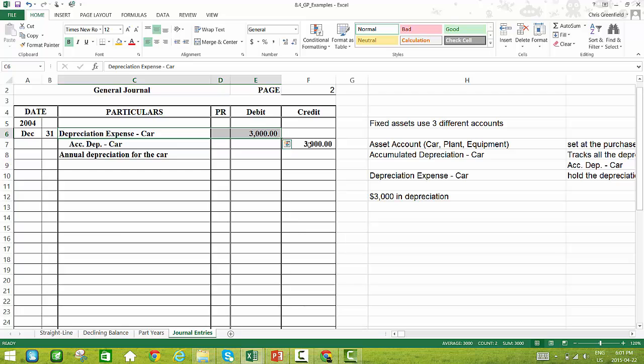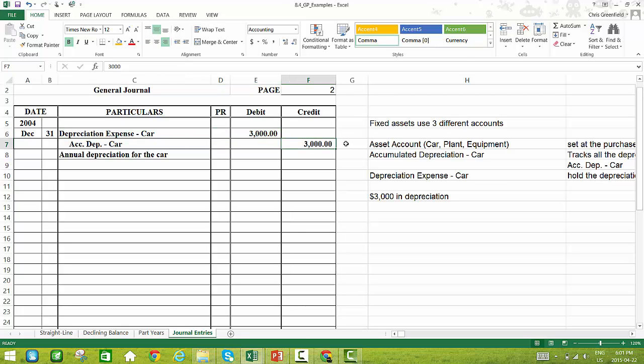And then this goes to the balance sheet. Contra just means a different way of saying against. So we have the asset account, which has the purchase value. This is the total depreciation that we're putting against the car. And so we never really have the true book value showing on an income statement or on a balance sheet. We show the purchase price, and then we show the accumulated depreciation.